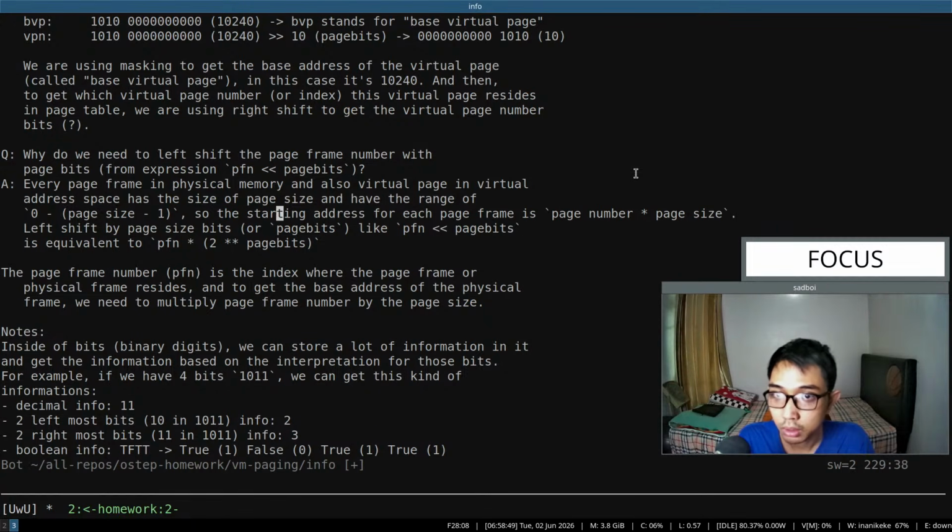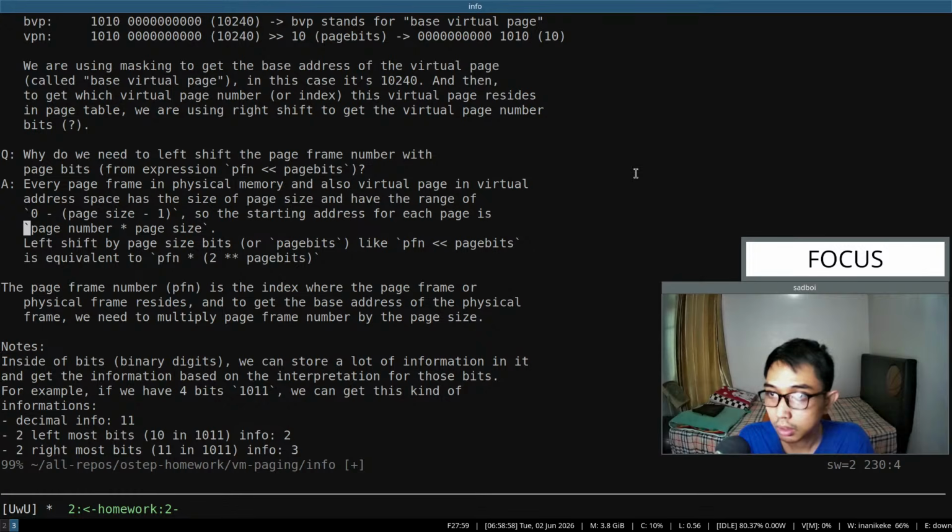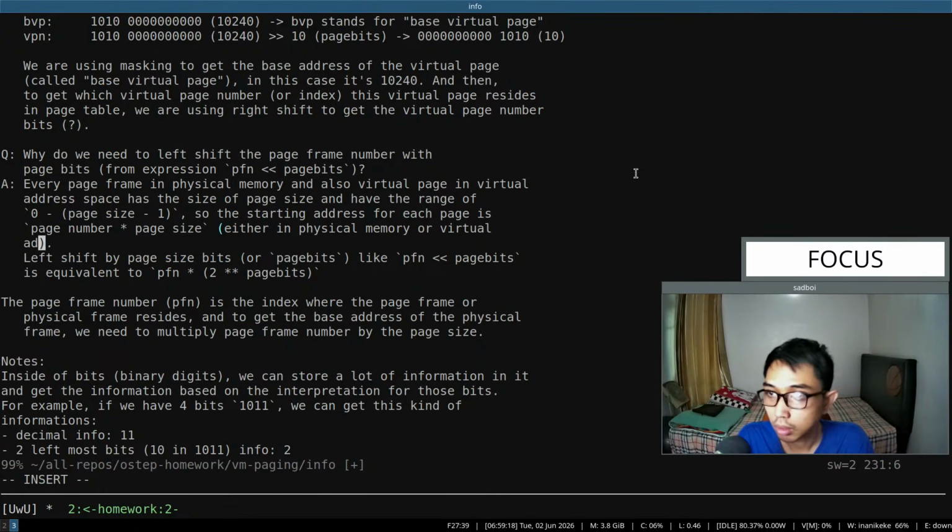So the starting address for each page is page number multiplied by page size, either in physical memory or virtual address space.